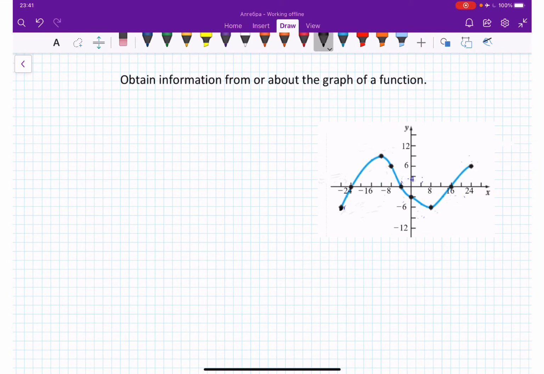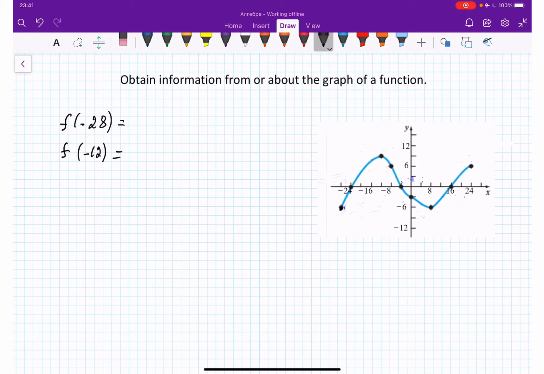Okay, using this graph on the right side, graph of the function, we need to find f of negative 28 and f of negative 12. All right, let's see, negative 28.